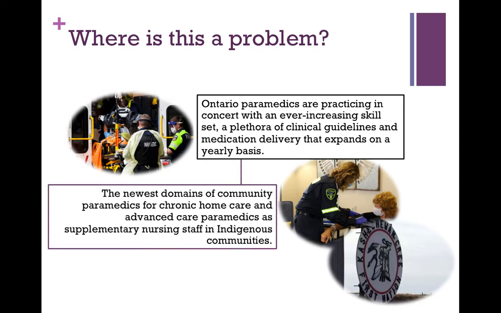This is compounded by the newest milieus of paramedic practice, including at-home visits by community paramedics and advanced care paramedics working in Indigenous community nursing stations to facilitate increased access to care. With this expanded scope comes a need for an increased level of quality assurance and review.